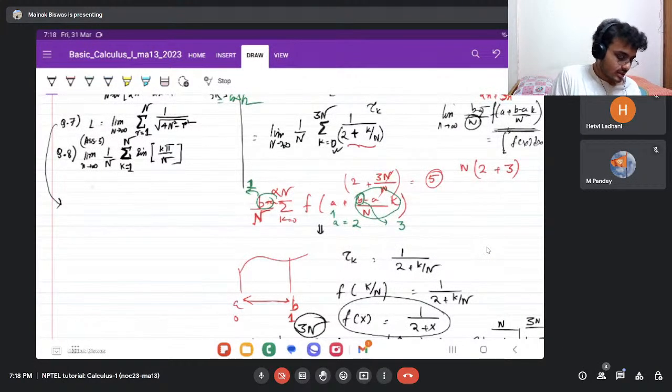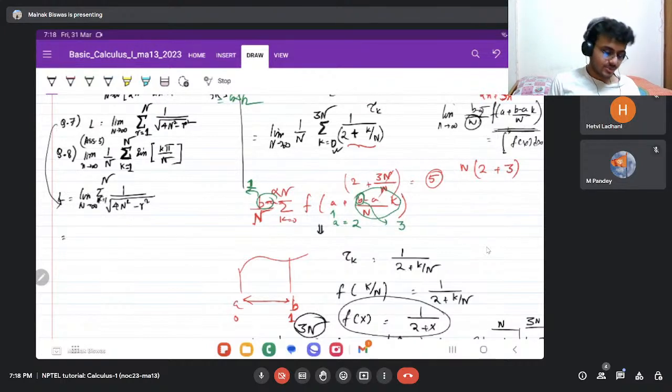This one, limit n tends to infinity, 1 by root of 4n square minus r square, r is equal to 1 to n. What will it be? How will I solve? So what would be the steps for this?